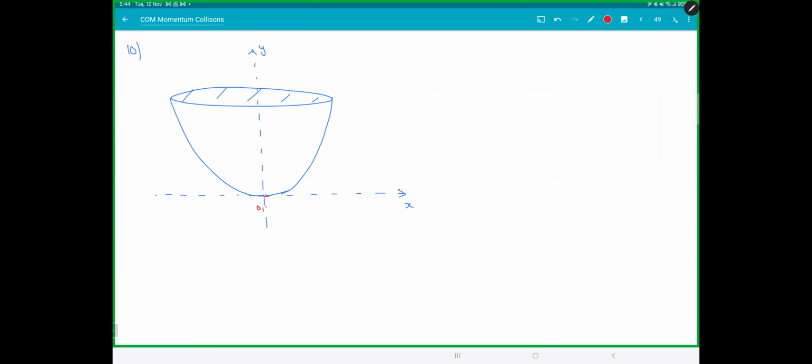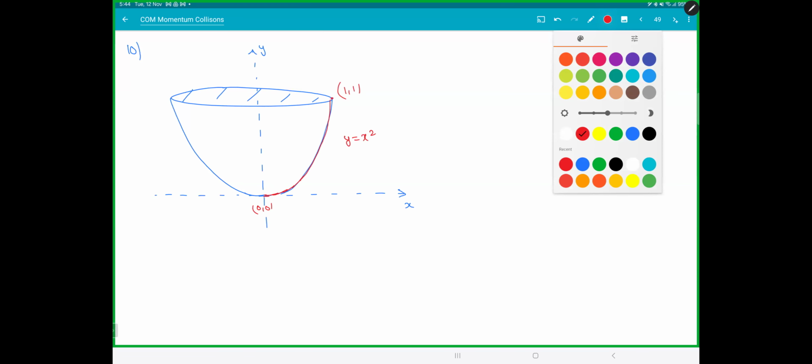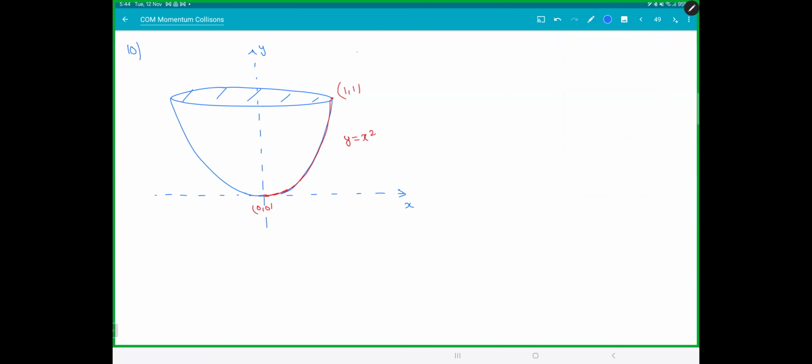This is your origin. So basically, this is your parabola, y is equal to x square. It's a solid structure, 1, 1. So in 2-dimension, we call it parabola. In 3-dimension, we call it paraboloid. Meaning this would actually look like this.